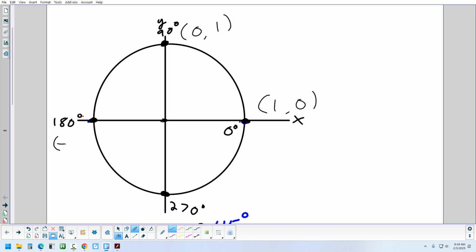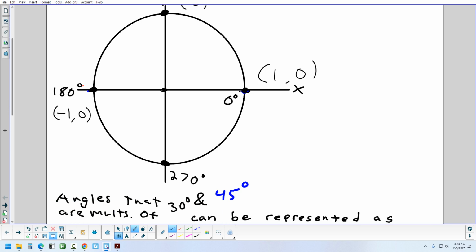Yep. And how about the coordinate that would represent a 270 degree angle? 0, -1. Okay.